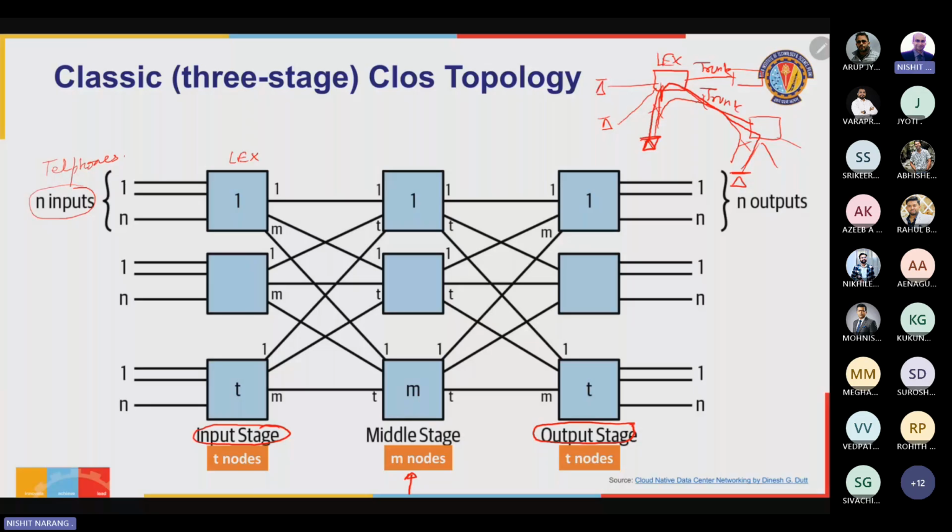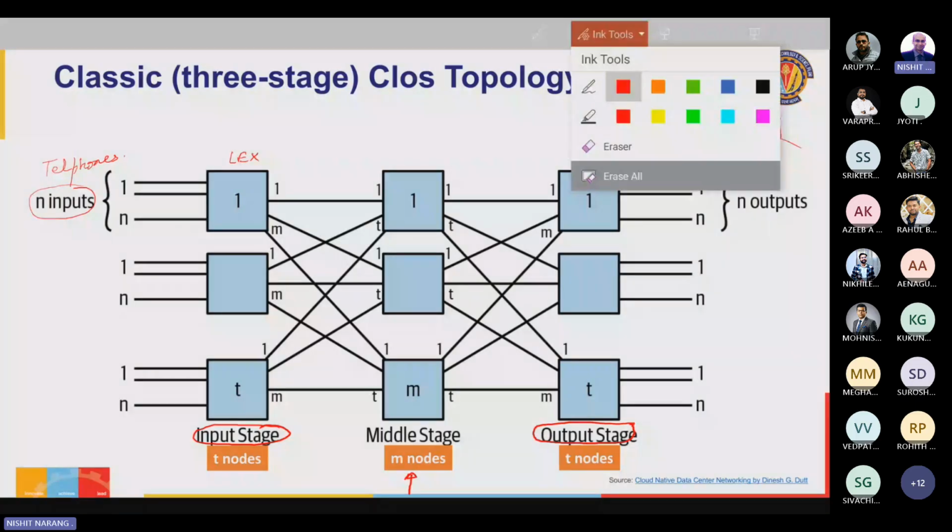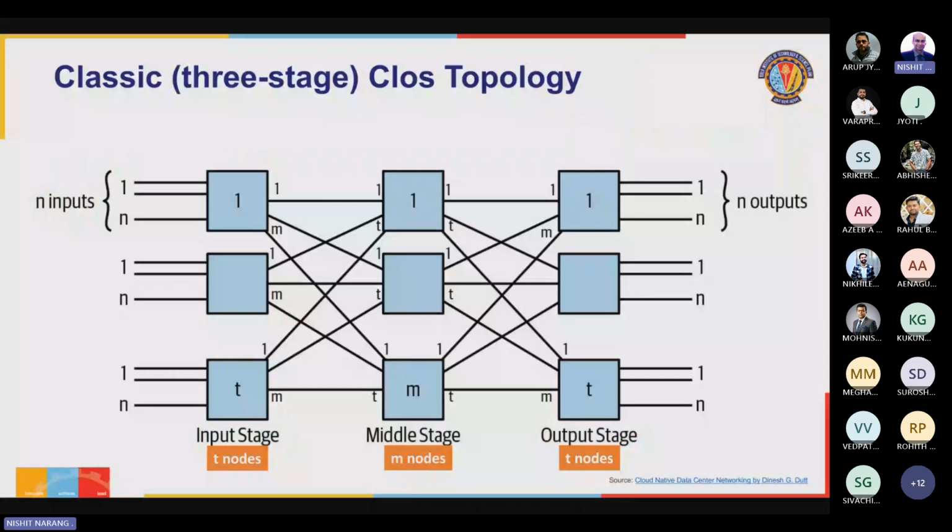Okay, so creating a connectivity network between the local exchanges on the input side and the local exchanges on the output side. That's what the middle stage is trying to do. So the way the classic Clos topology looks is that let's assume that we have T input stage nodes, local exchanges, T output stage nodes or switches, and we have M intermediary middle stage switches that are being used to connect the input stage to the output stage.